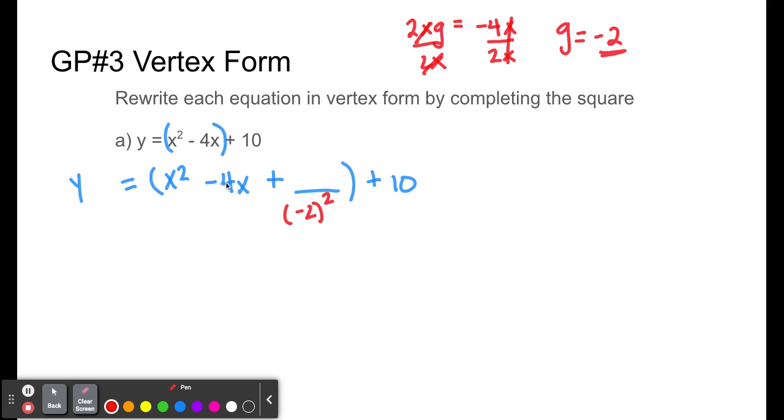And we're going to start applying that same idea. So if we did half of b, which is negative 4, squared: half of negative 4 is negative 2, and then negative 2 squared gives us 4. So we're going to start working towards using this to find our g term instead of setting it equal to 2xg every time. So this is now a perfect square trinomial.